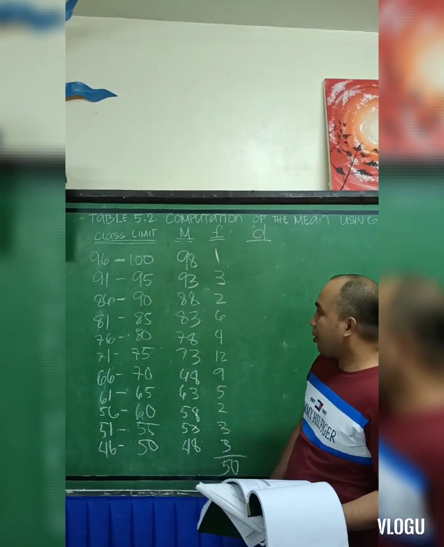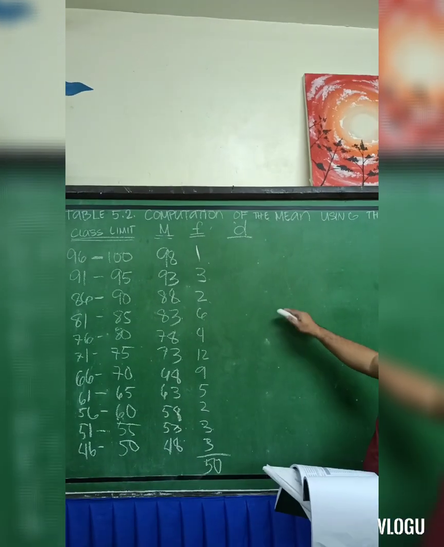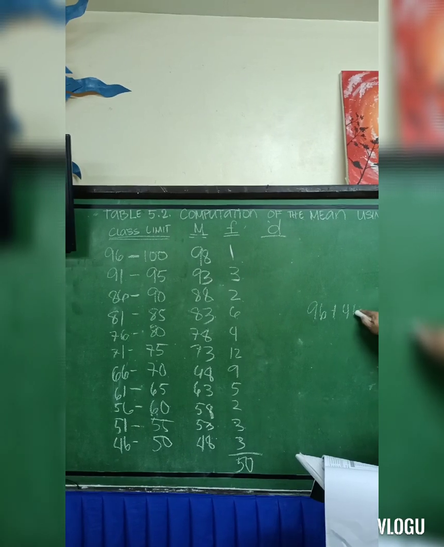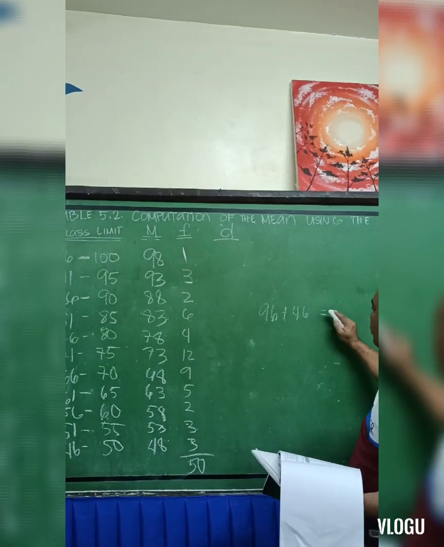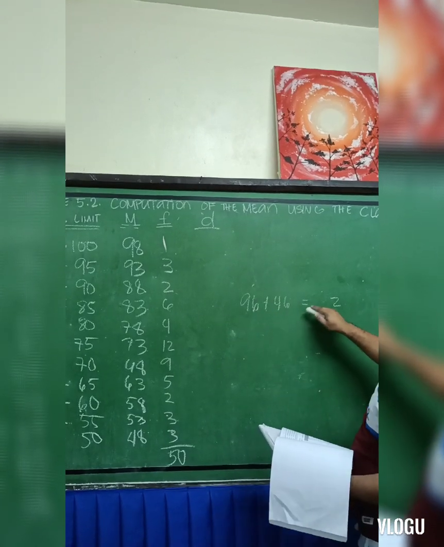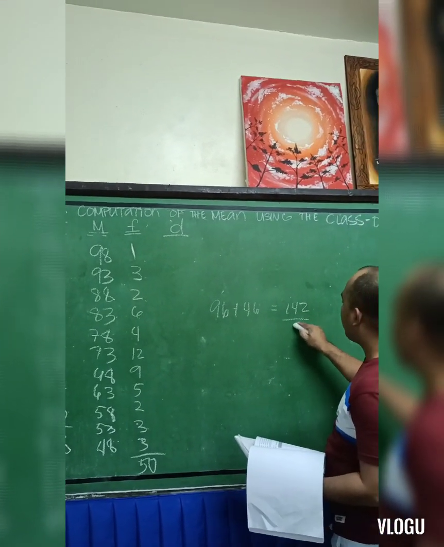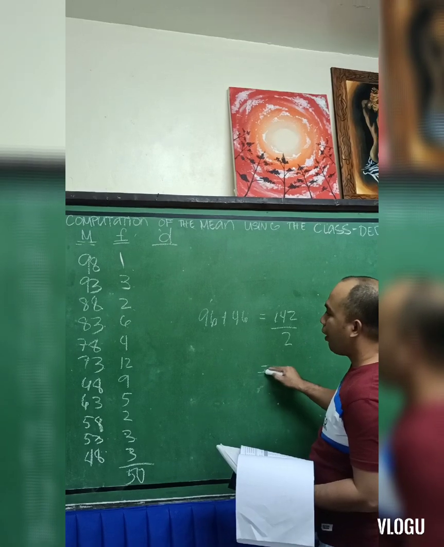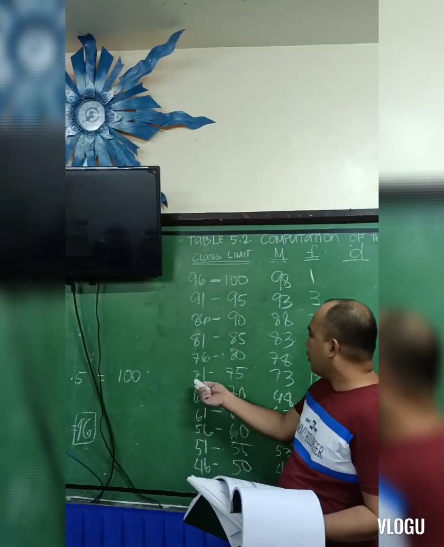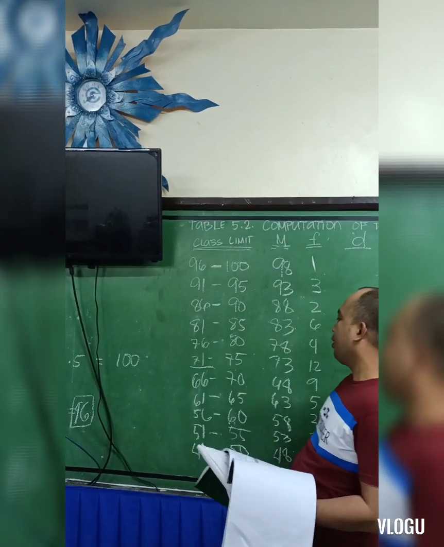To get the center, we just simply add 96 plus 46 is equal to 146, divided by 2, we have 71. Okay, this is the center.